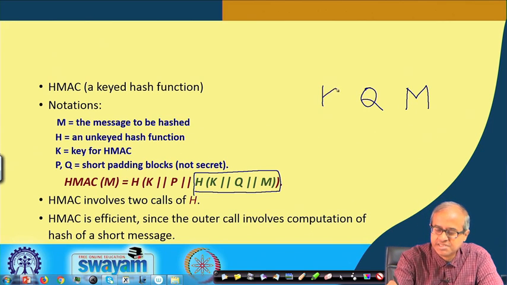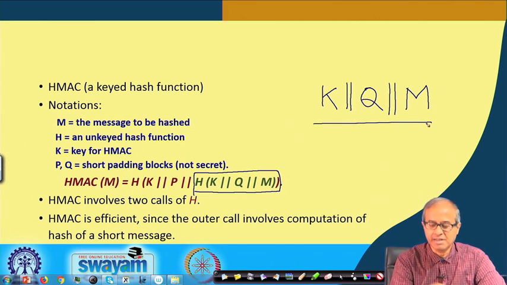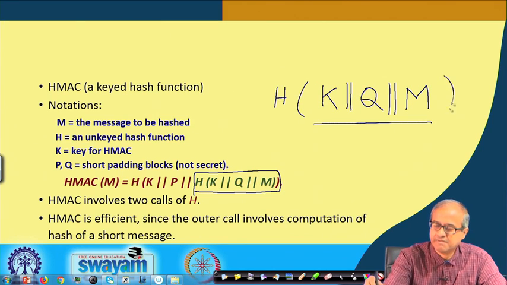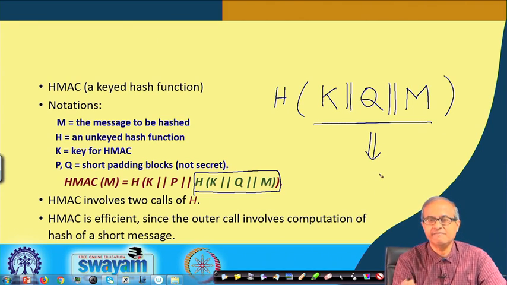You append these 3 things together, put them side by side, and then apply the hash function on this whole thing. This is the first step, and if you apply the hash function, you will generate a hash digest. If it is SHA-1, it will be 160 bits.